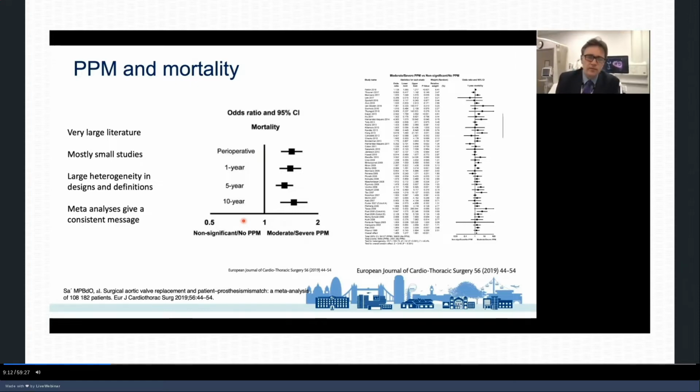This is but one example, but they all show a consistent message that whether you're looking at early, midterm, or late mortality, patient prosthesis mismatch, by which you mean either at least moderate, so 0.85 per meter squared, and definitely severe at 0.6 to 0.65 per meter squared, results in an adverse prognosis at each of those time points.